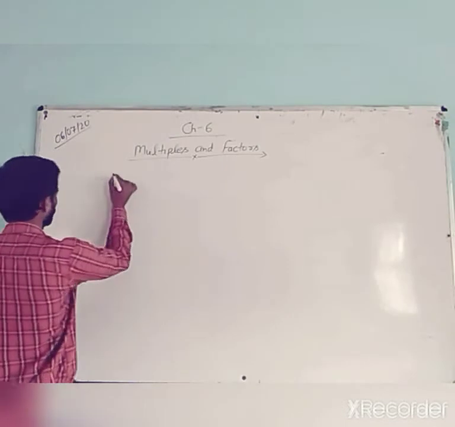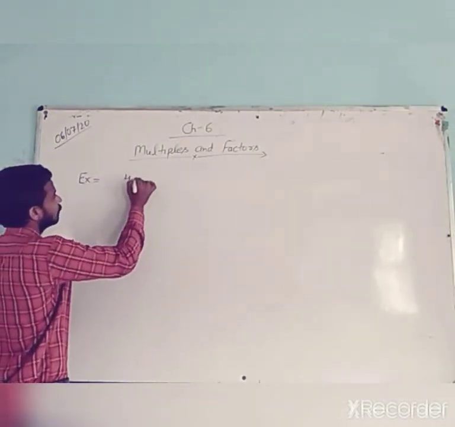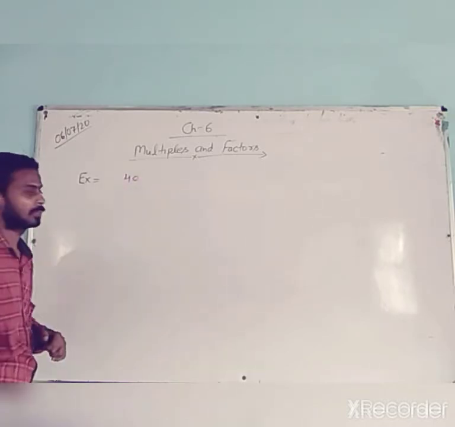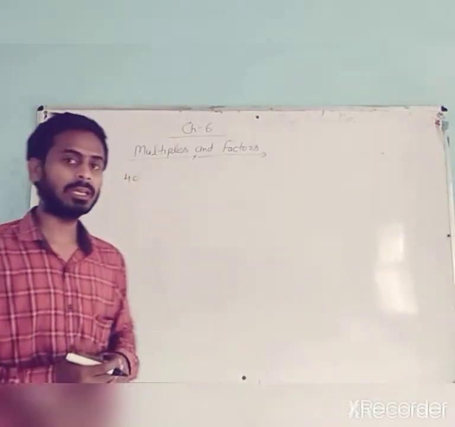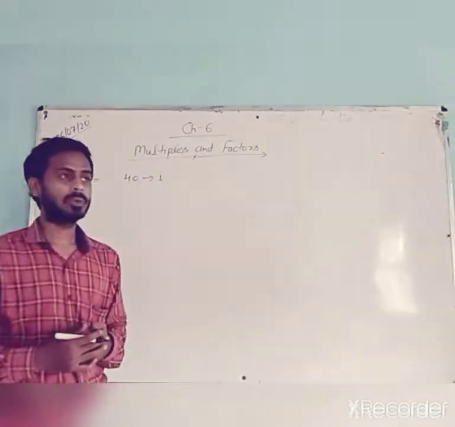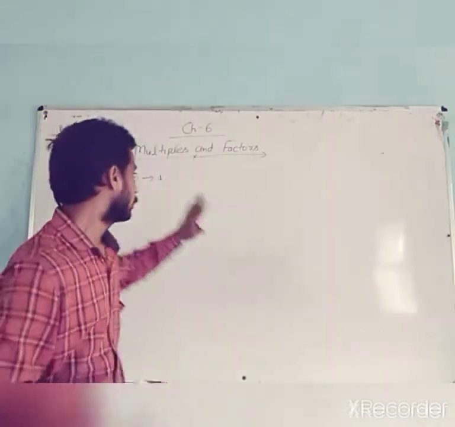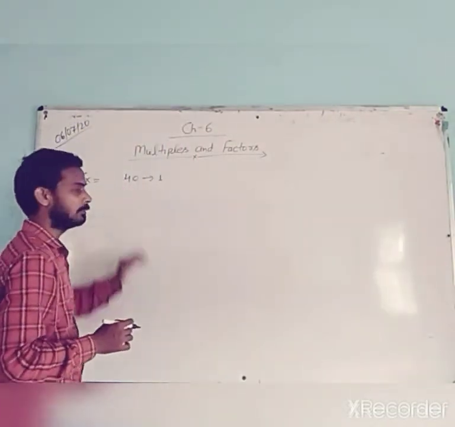See, suppose we want the factors of 40. You know that 40 is divided by 1 because 1 is a factor of all numbers. It means 1 can divide 40 without leaving any remainder.